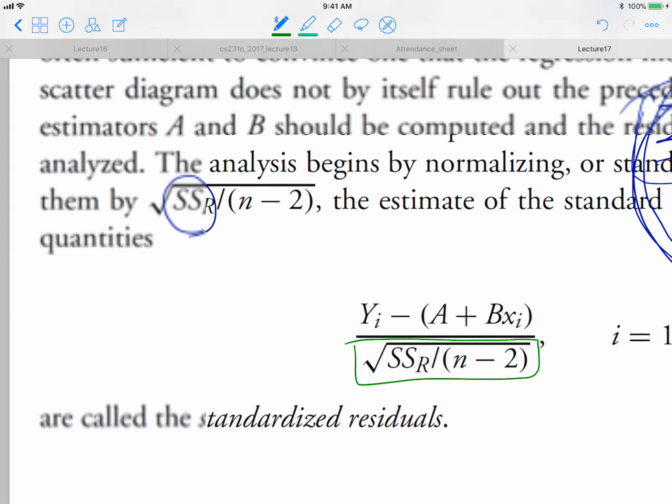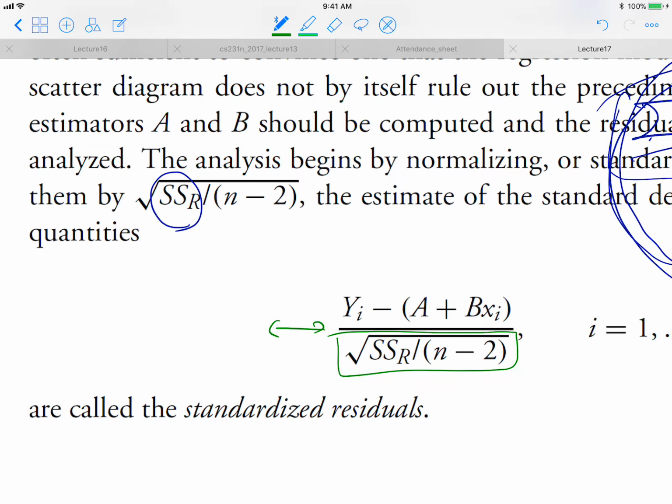And so, let's compare this guy with this: Yi minus alpha plus beta xi, over sigma. So what does it follow?